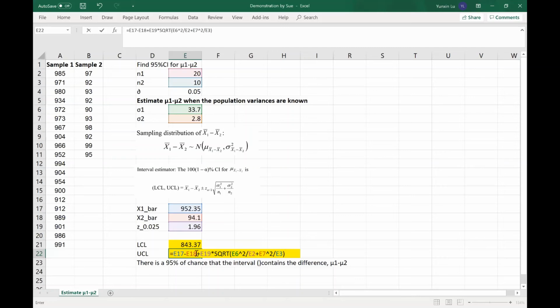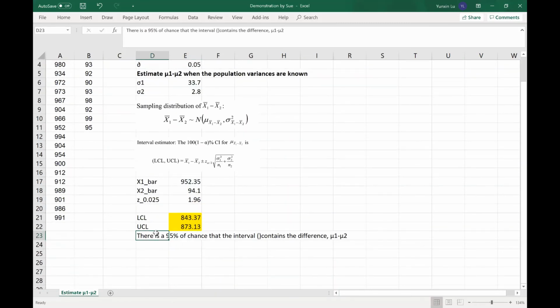And we can see that the first is the difference, and add the second part. This is the Z, and square root this one. We get the result. And the interpretation is this.